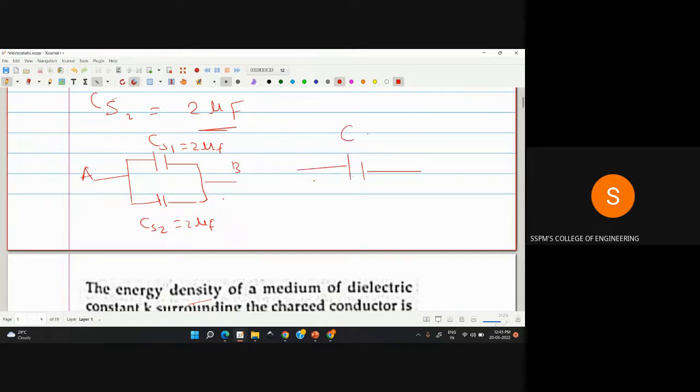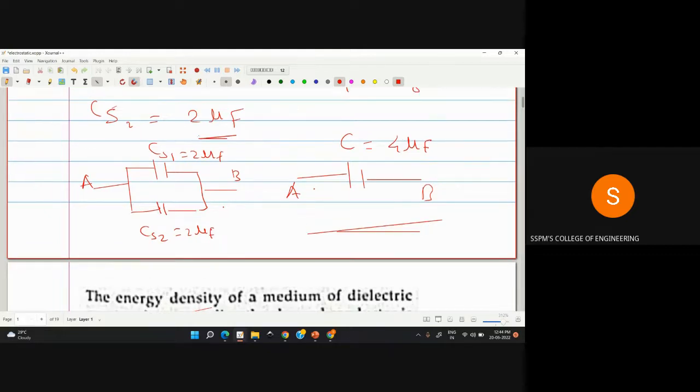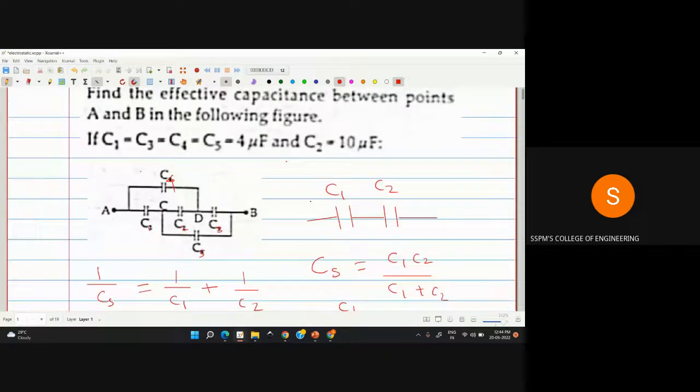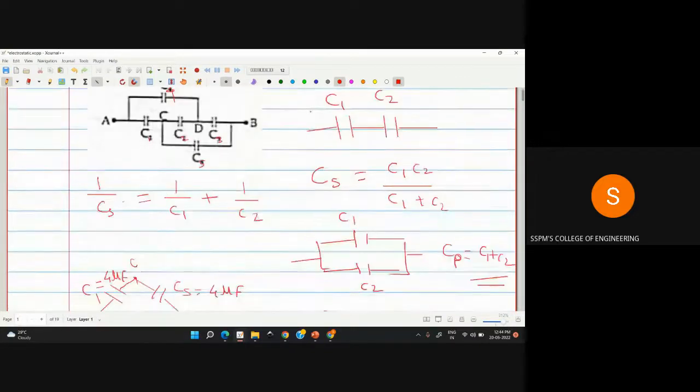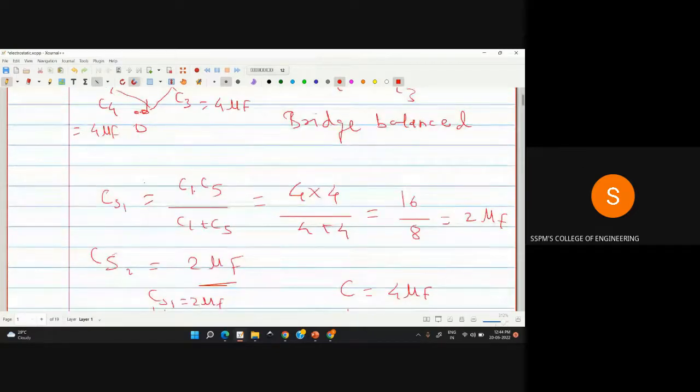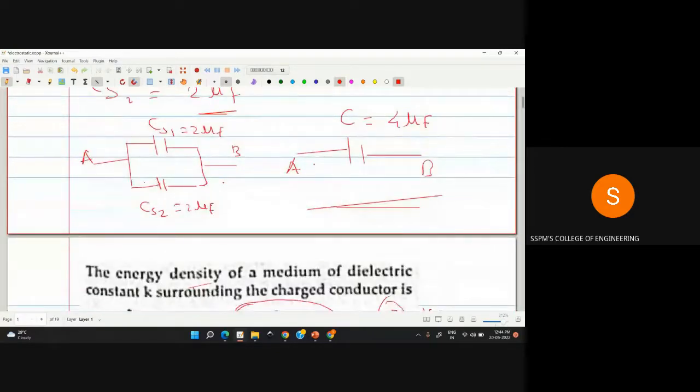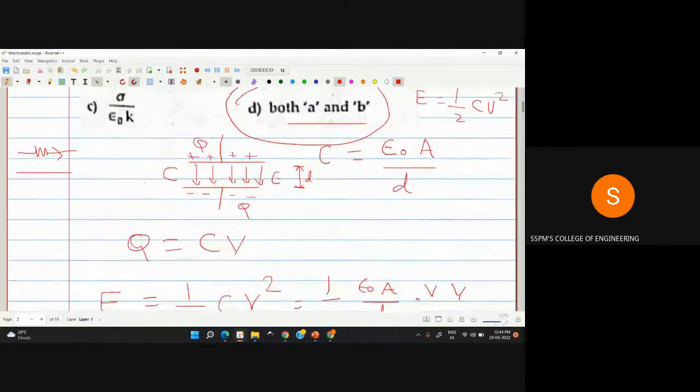The total capacitance is sum of these two capacitances. It will be 4 microfarad. So equivalent capacitance between A and B is 4 microfarad. Now look at the correct option. The correct option is not given, but the correct option is 4 microfarad, isn't it? So in this way you find out the total capacitance between any two terminals.